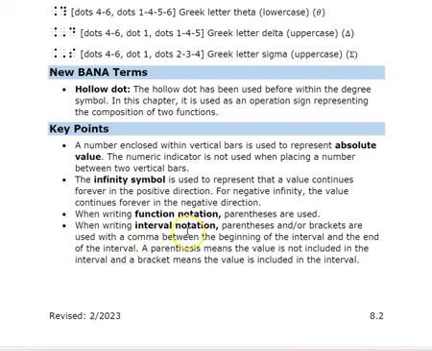When writing function notation, parentheses are used. When writing interval notation, parentheses and/or brackets are used with a comma between the beginning of the interval and the end of the interval. A parenthesis means the value is not included in the interval, and a bracket means the value is included in the interval.